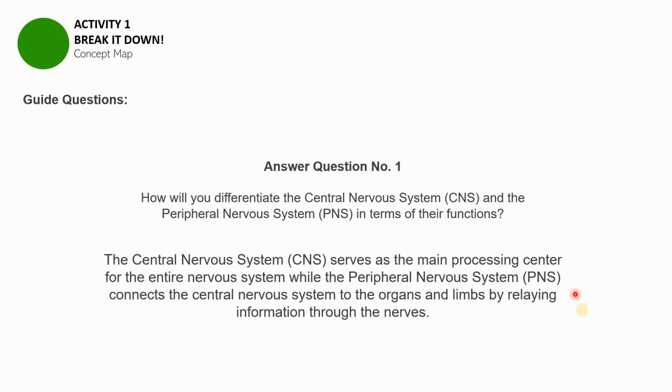So if there goes an event where the peripheral nervous system gets disturbed or cut off from the rest of the body, or maybe a part of it is cut off from its connection with the different parts of the body, then the central nervous system would fail to connect to those organs and limbs.